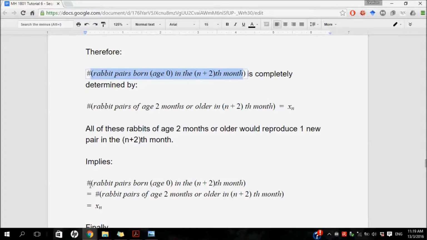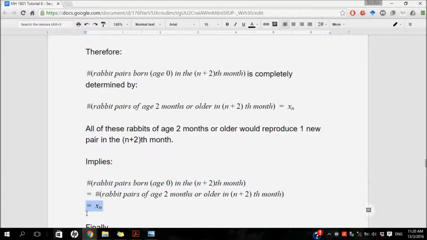This implies, based on our reasoning, that the number of rabbit pairs born, of age 0, in the n plus 2th month would be derived from the number of rabbit pairs of age 2 months or older in the n plus 2th month. It will be equal because every pair produces one new pair in the month itself. Consequently, seeing that every one pair in this number produces one new pair, we can have exactly just so many rabbit pairs born in the n plus 2th month.